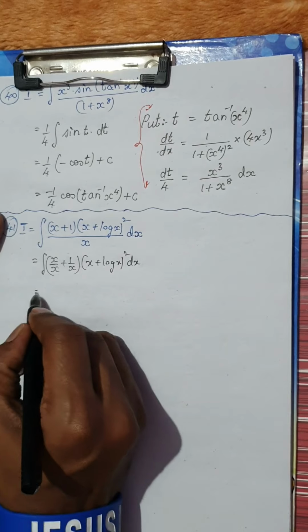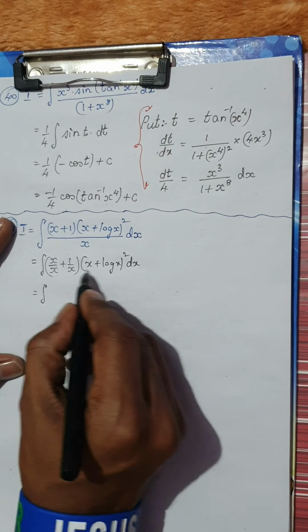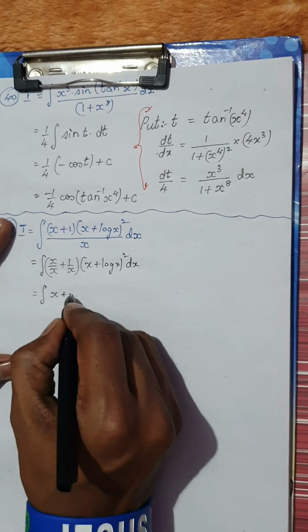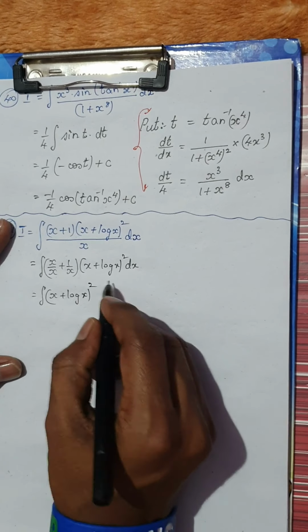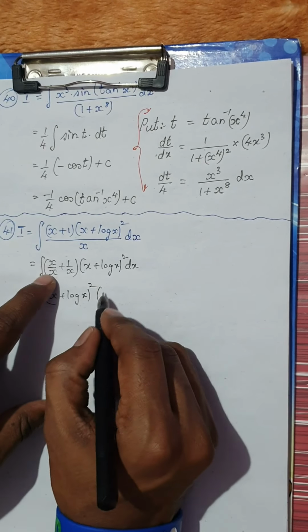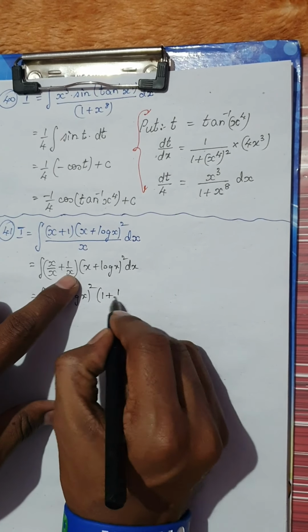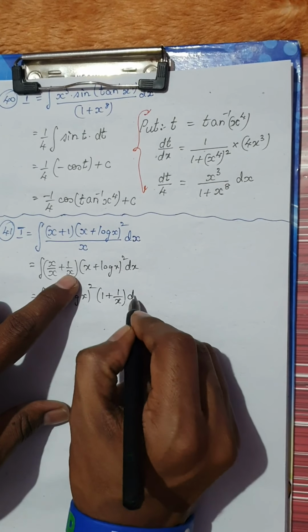Now this is nothing but the integral of x plus log x whole square into, now look here, what happens to x by x? It is 1, plus 1 by x, dx.